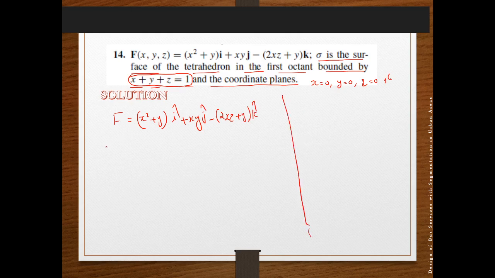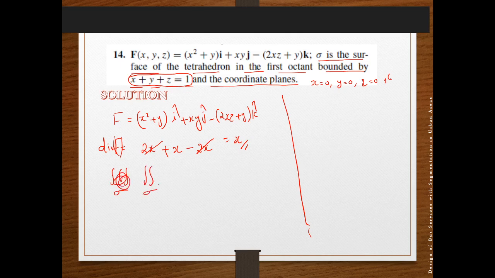Next we will find the divergence of F. Tell me, what is the divergence? 2x plus x, and then minus 2x. So the 2x and the minus 2x get cancelled, and the answer is x. So the divergence is x.